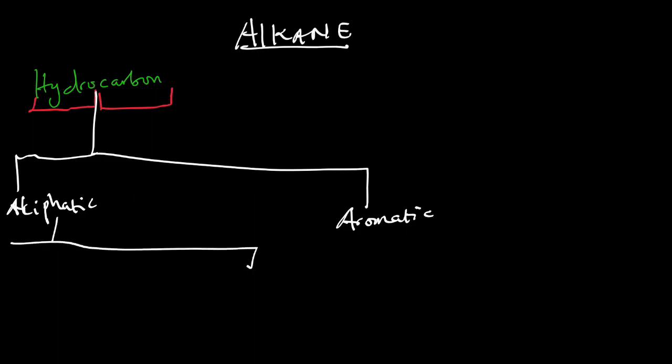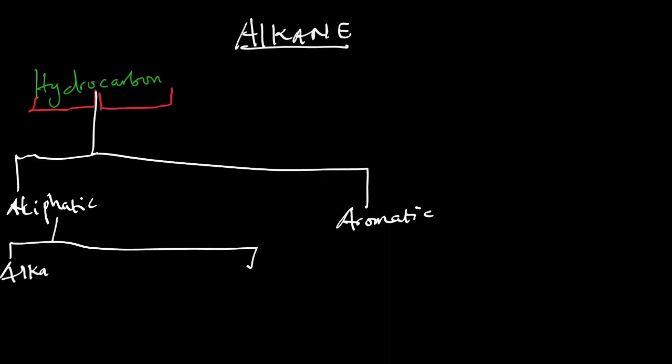Now this aliphatic is further divided into other parts, which are alkane, alkene, alkyne, and alicyclic.